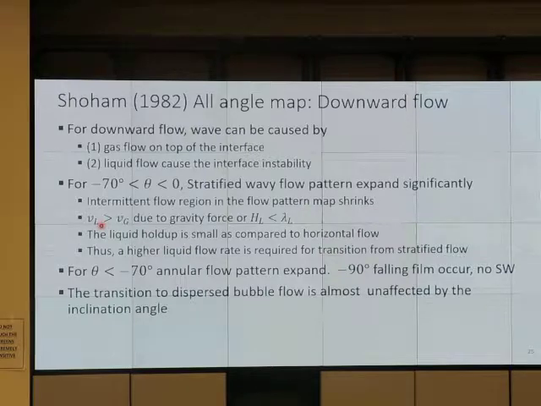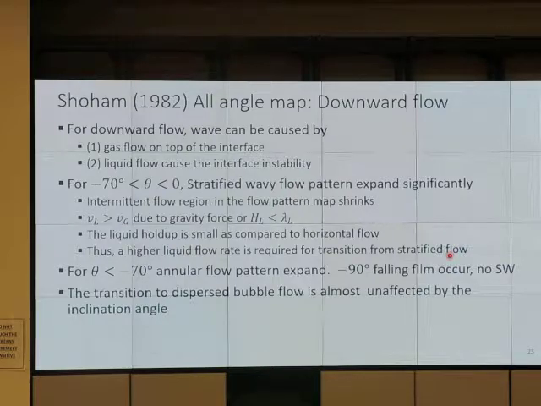VL greater than VG. Can we have VL greater than VG? Due to gravity force, yes. Therefore, actual holdup is less than no-slip holdup. It can happen for downward flow. The liquid holdup is small compared to the horizontal flow case. Thus, a higher liquid flow rate is required for transition from stratified flow, because we don't have much.